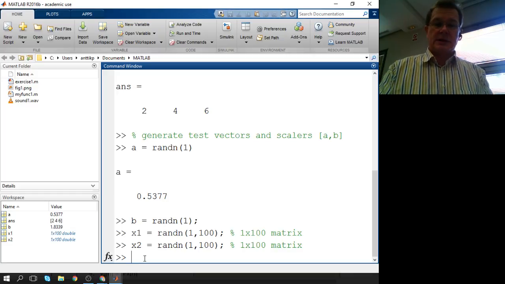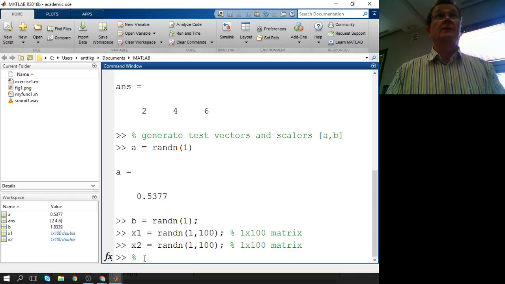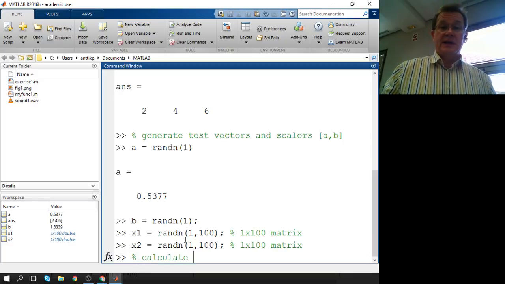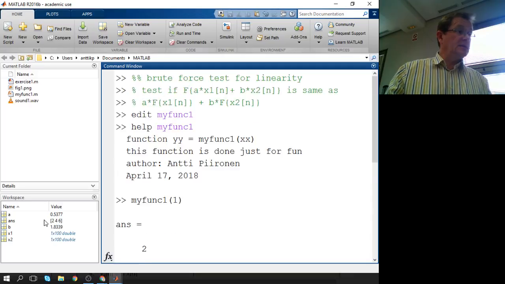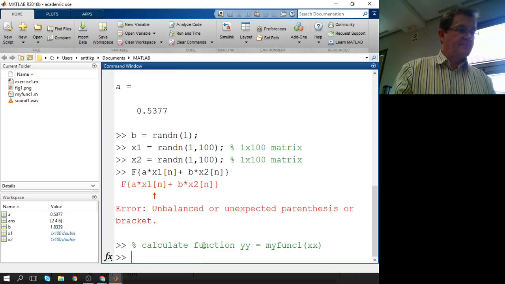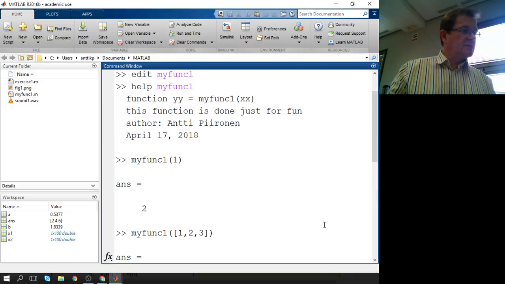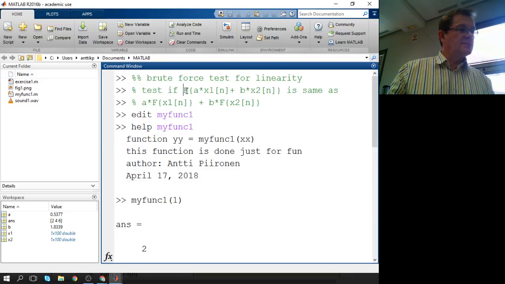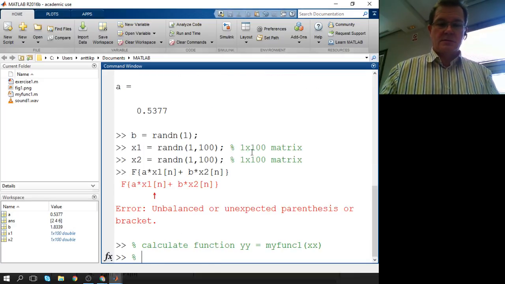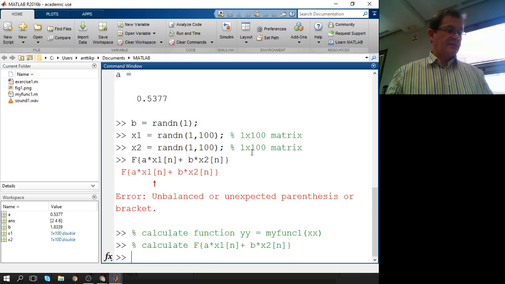So next, let's calculate the left-hand side of this formula. I was trying to take this one and calculate this first.